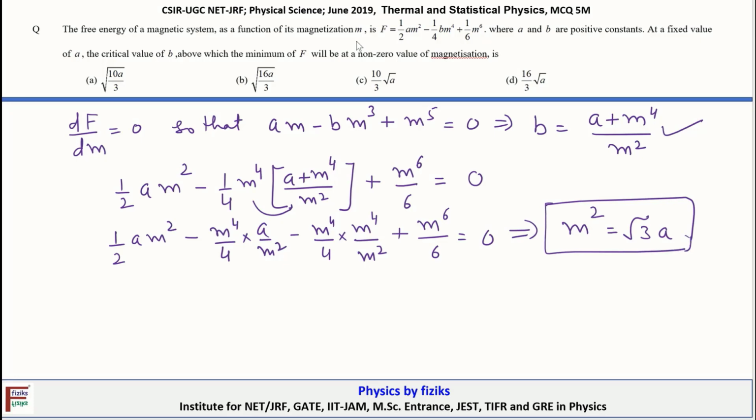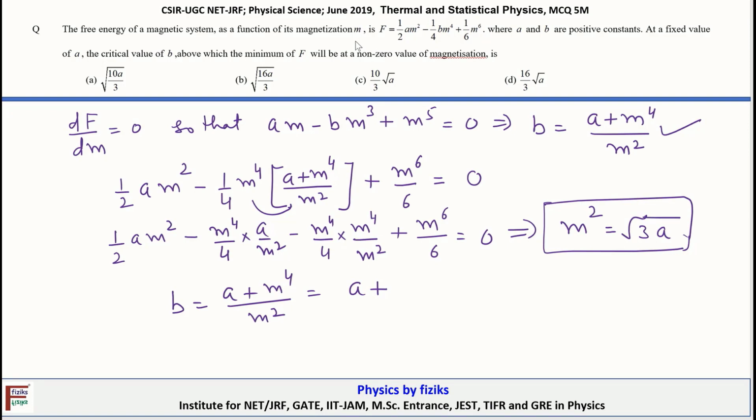Okay, so now we can find the value of B by substituting the value of M square in that expression. So B turns out to be equal to A plus M4 divided by M square. Substitute the value of M square that we obtained in terms of A, then we will have the value of B in terms of A. So this is equal to A plus M square, so that means it's 3A basically.